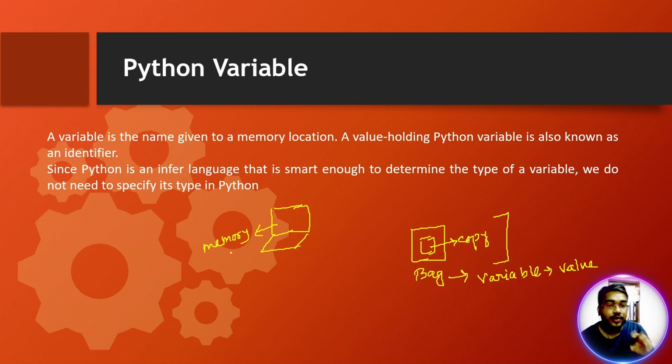So to store some values in our memory, we have to store them in a container, and this container is known as a variable. So you can understand by the term itself, variable. That means the values you are storing may vary from time to time. मतलब टाइम के हिसाब से इसके अंदर जो भी स्टोर हो रहा है वो हम चेंज कर सकते हैं.